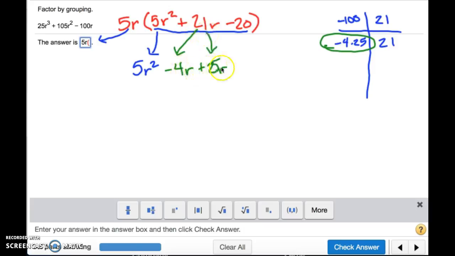I've just broken it up into two different groups. And then I'm going to bring down this minus 20 to finish it out.